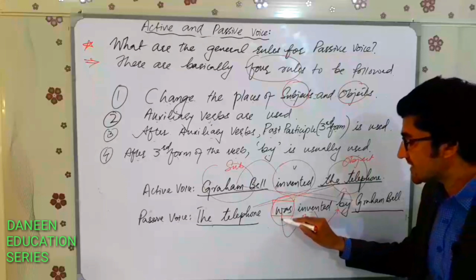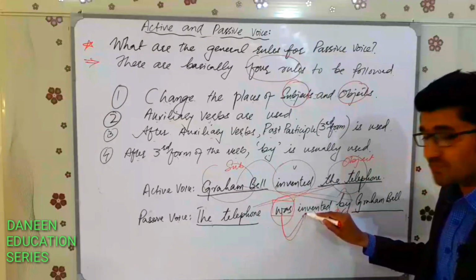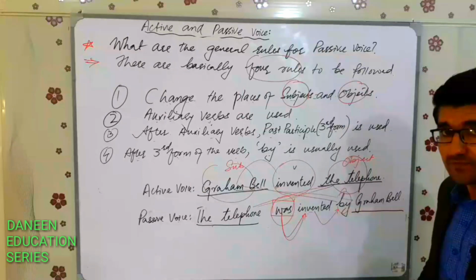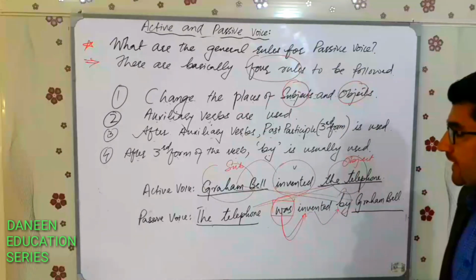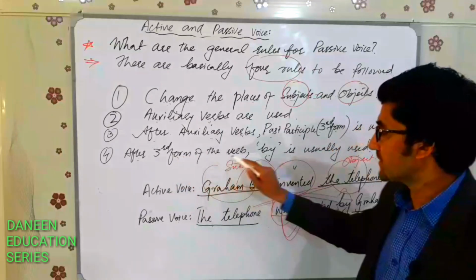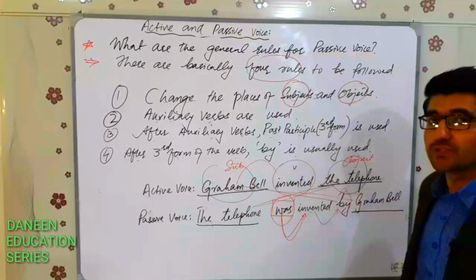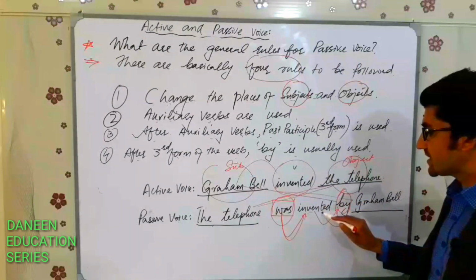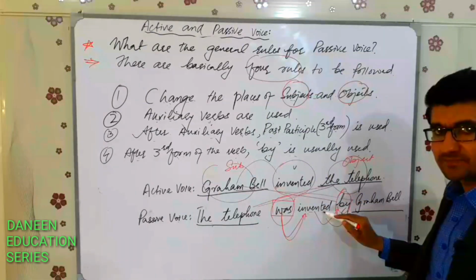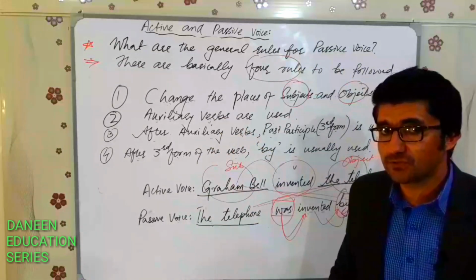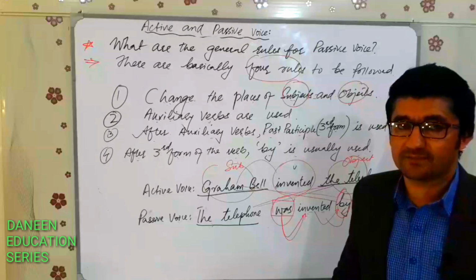Now after this auxiliary verb, we have used the past participle invented. Invented is the past participle of invent. Next, after past participle, which means after third form of the verb, by is usually used. So here you can see that by has been used after the past participle. These are the 4 general rules that are to be used in passive voices.